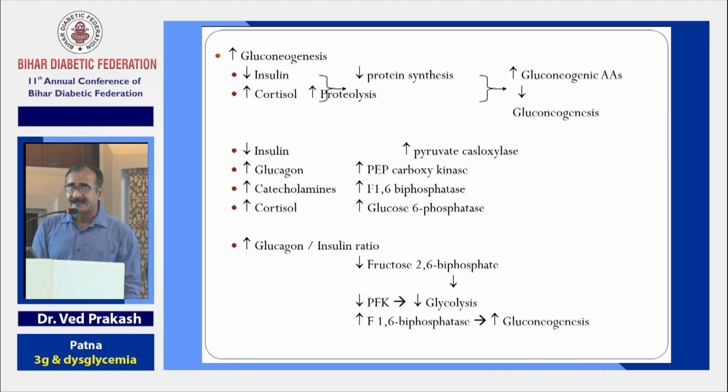So in diabetic ketoacidosis, not only is a relative or absolute deficiency of insulin important, but there must also be an increase in glucagon secretion and an increase in catecholamine secretion. Disturbance in this insulin-glucagon ratio, or glucagon-insulin ratio, is a must for ketogenesis and diabetic ketoacidosis to take place.